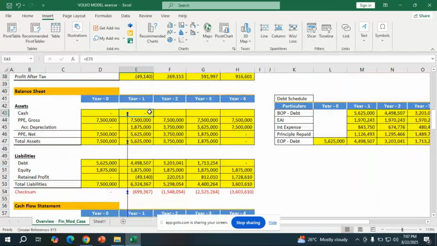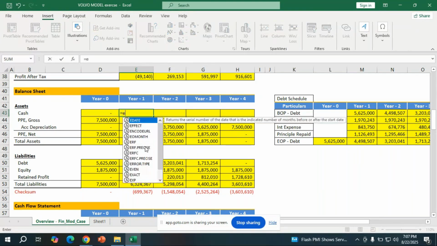So here we just want to, I'll just post it directly. Equals to it is this.